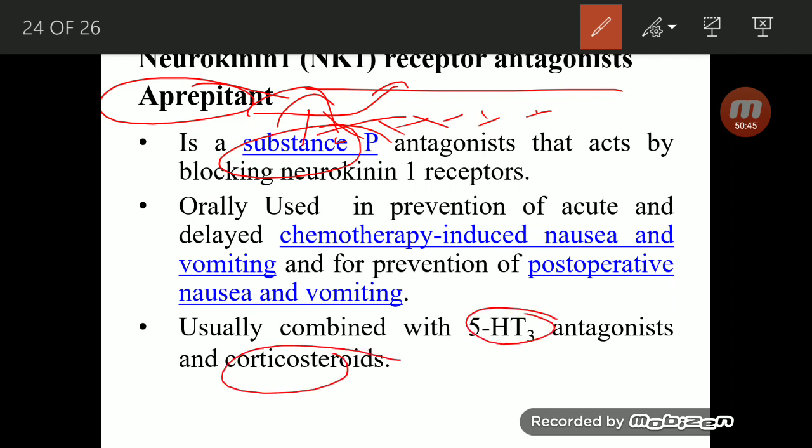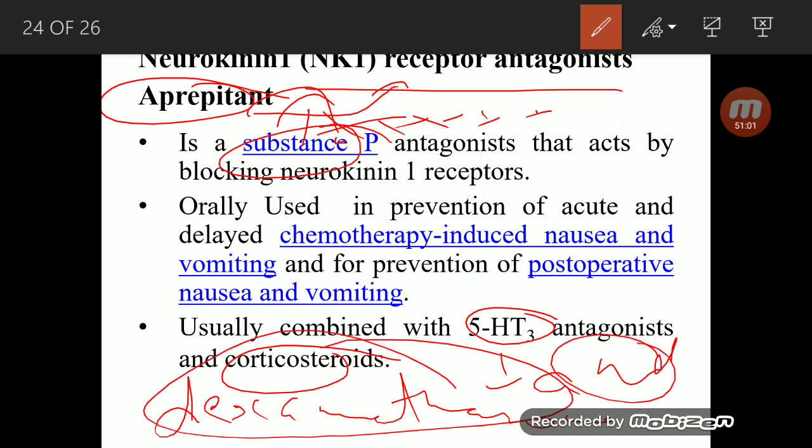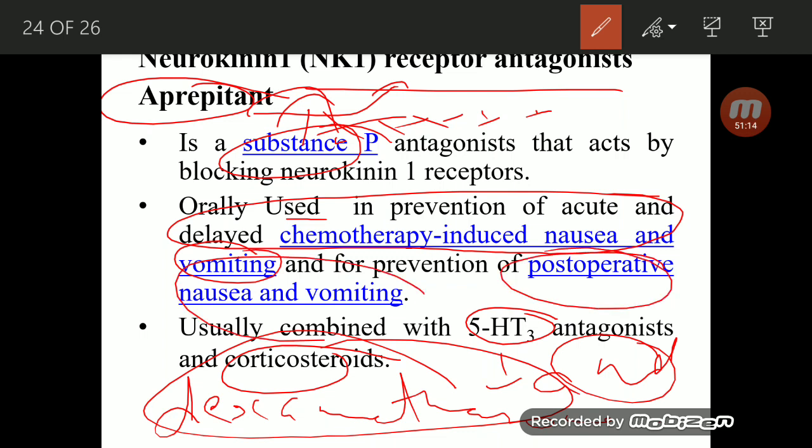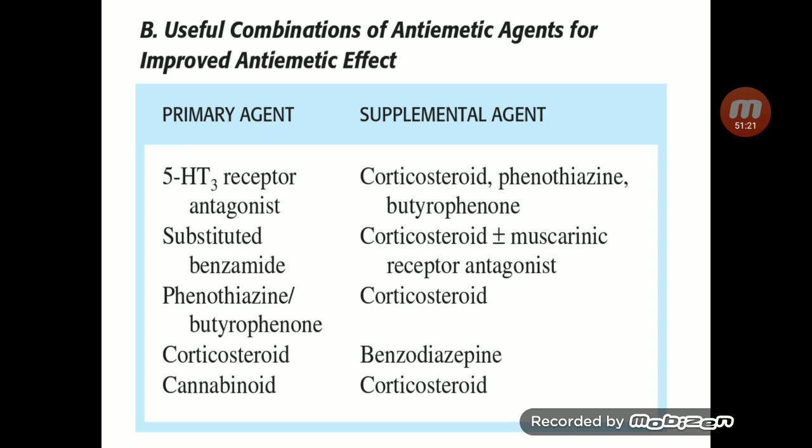So it is used in combination with ondansetron, and it is used in combination with dexamethasone, and it is generally used for the treatment of acute and delayed chemotherapy-induced nausea and vomiting, as well as for prevention of post-operative nausea and vomiting. So this is about your neurokinin 1 receptor antagonist.